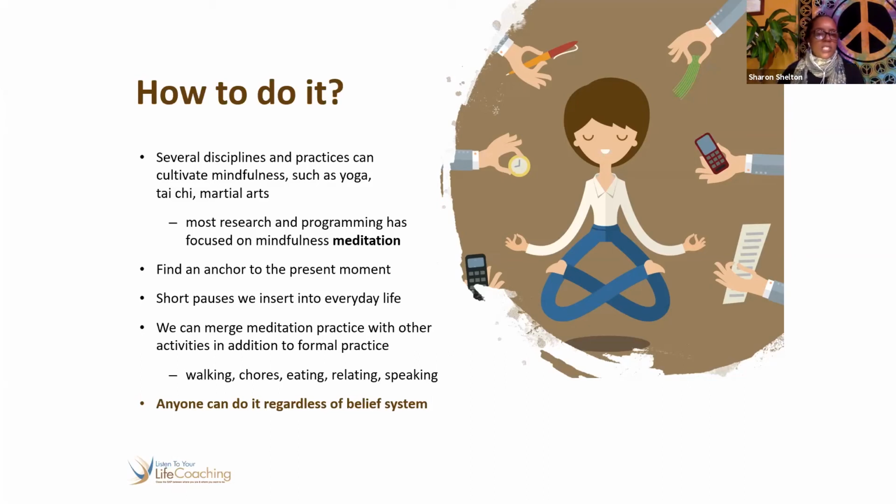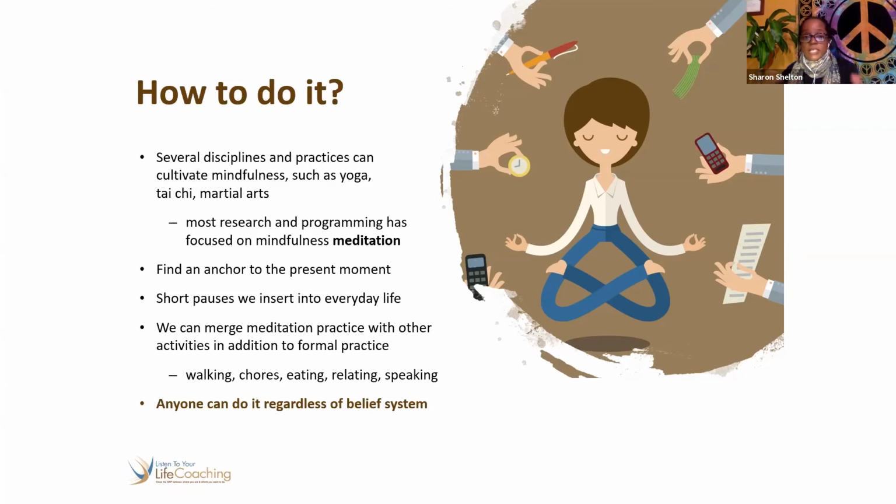But I'm just as much of a fan of informal practice, practicing mindfulness when you're folding clothes, practicing mindfulness when you're eating, or when you're walking, or when you're in conversation with someone, instead of preparing what you're going to say next, to really listen. When you're speaking, to slow down and practice being mindful of your speech.